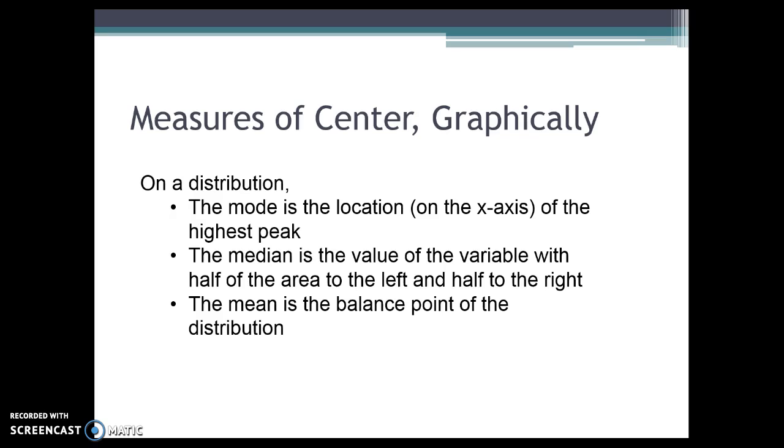The median is going to be the value so that there's half of the area to the left and half of the area to the right. Whereas the mean is the balance point of the distribution. And when we talk about the balance point, if you can imagine the distribution is sitting on a ruler and you're trying to balance the ruler on your finger. So you're trying to hold your finger straight out and balance a ruler, like if you put pennies on it or something, trying to balance it.